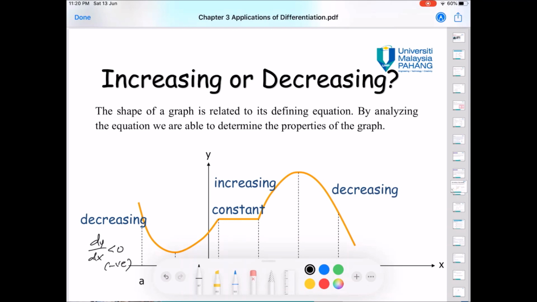When your dy/dx is greater than 0, or positive, then we have an increasing slope. Constant happens when your differentiation is equal to 0. So here we have a decreasing function, increasing function, constant, and then increasing again and decreasing again. That makes up a graph.